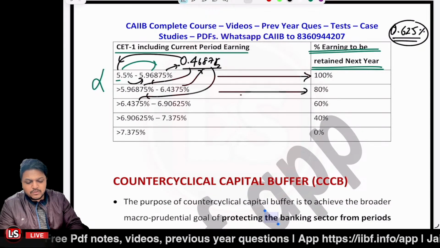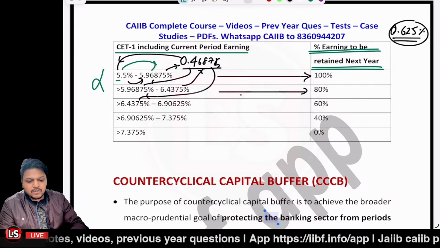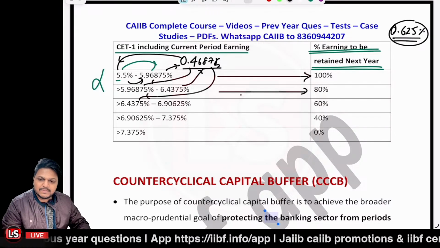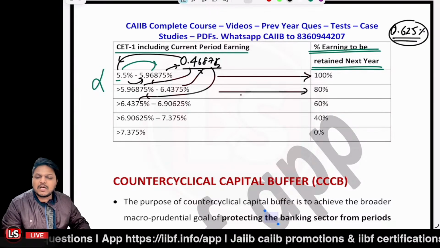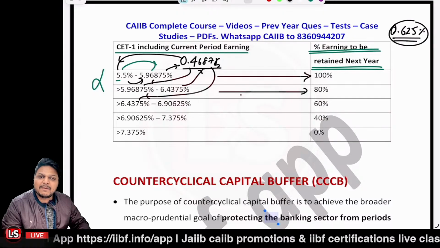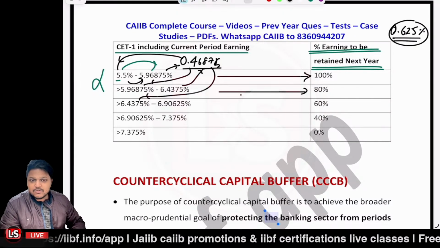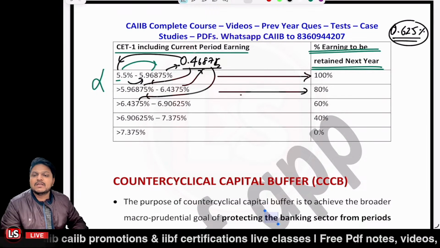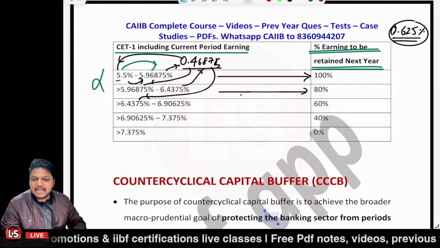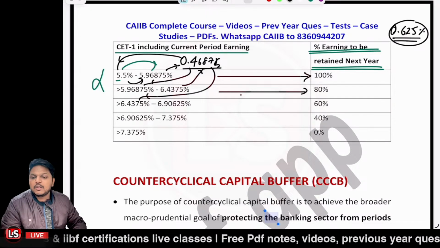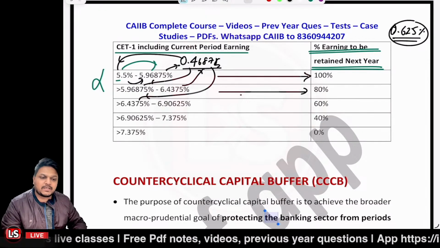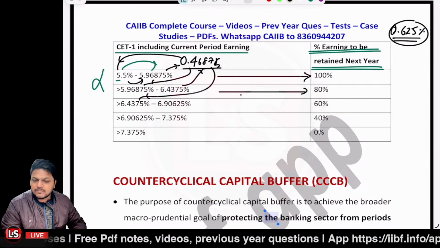So that was actually equal to 0.625 multiplied by 4, and that was 2.5 in total. But now it has already been made mandatory, right? It has already been made mandatory that all the banks are to maintain CCB, that is capital conservation buffer, to be at 2.5% out of the CET1 components. Clear? Okay.